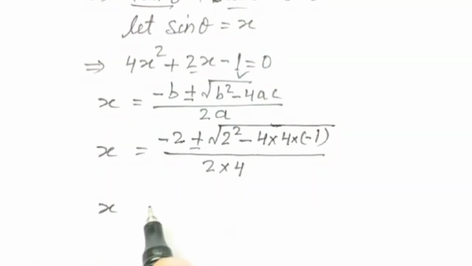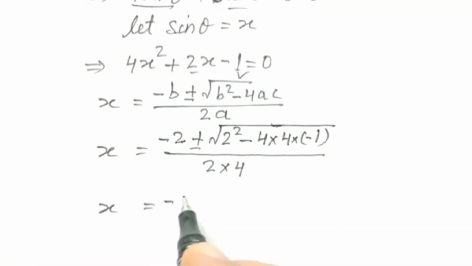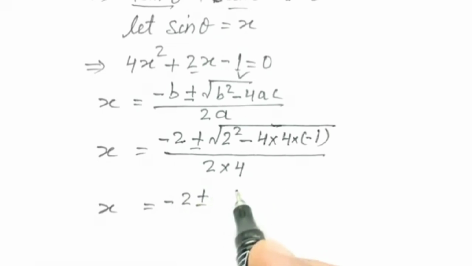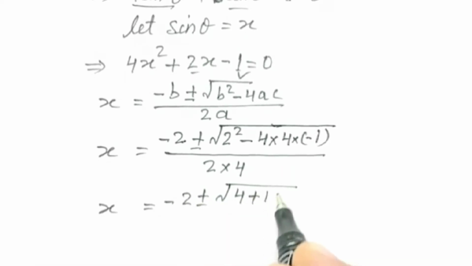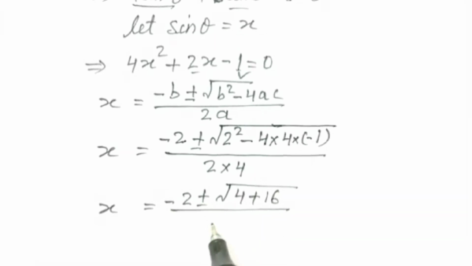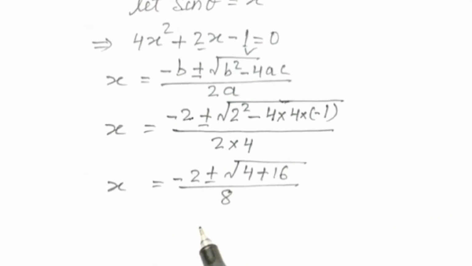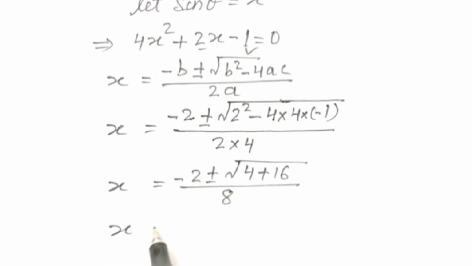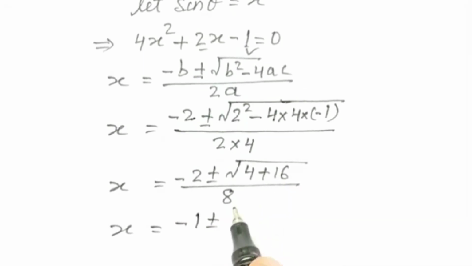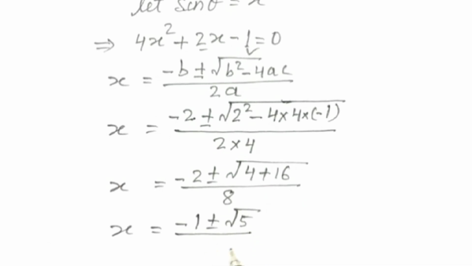Now x is equal to minus 2 plus minus square root of 4 plus 16 over 8, right? So x is equal to minus 1 plus minus, this value will be square root of 5, over 4, right?